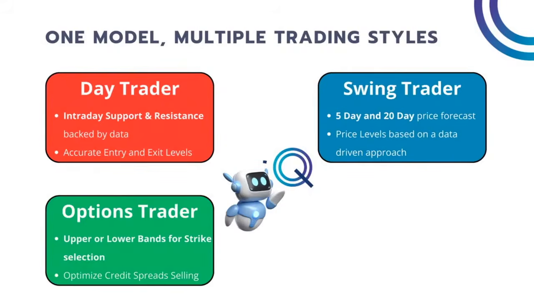Then we also thought about option traders. If you are an option seller, this could be a very important model that you can leverage. One of the biggest challenges in selling premium is knowing where to place your strikes. Our upper and lower bands can provide you with ideal boundaries for credit spreads, iron condors, and other strategies related to premium selling.